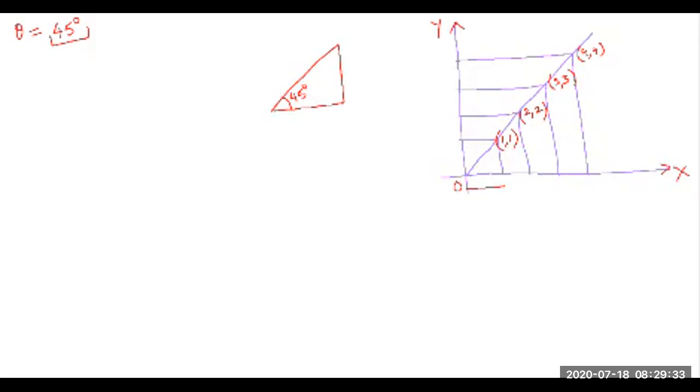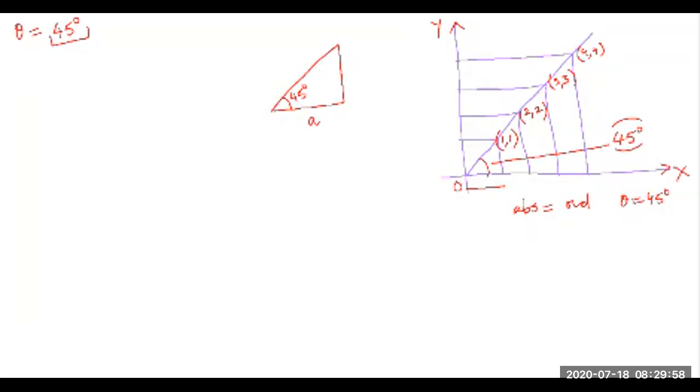My intuition, little deep understanding will tell me that this angle will be 45 degree. Only for angle 45 degree, my abscissa and ordinate is same. I can say my abscissa is equal to ordinate only for angle 45 degree, which is represented here also.